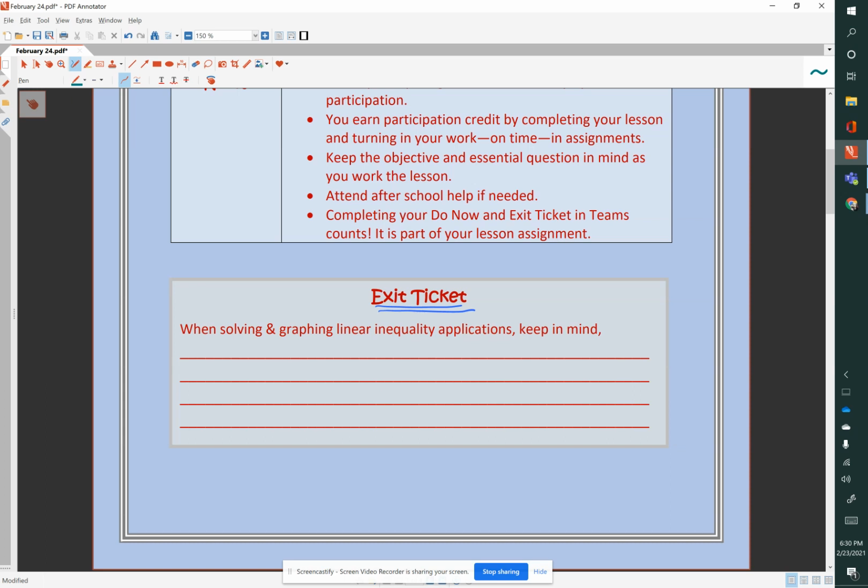When solving and graphing linear inequality applications, keep in mind, for many applications, only the first quadrant is relevant.